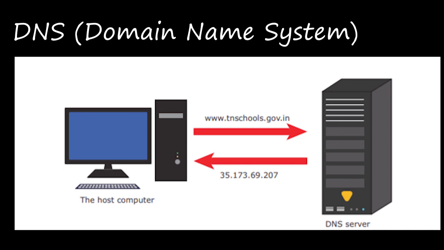That means it will have 35.173.69.207, which is the IP address of that particular website, right? The domain name system will translate this domain name into an IP address, and this IP address will lead to the correct website which we are searching for, right? That is how the domain name system works.